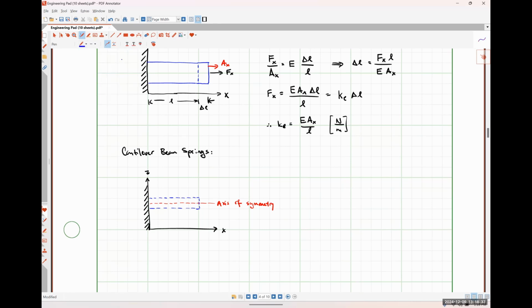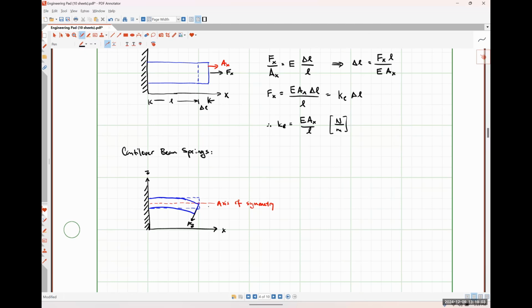What we'll be more likely to see now would be something like this. And again, an exaggerated version of things. But our force was applied in the Z direction and caused the tip to displace.